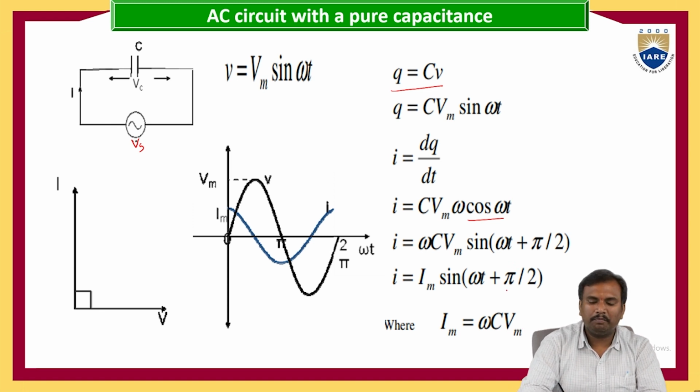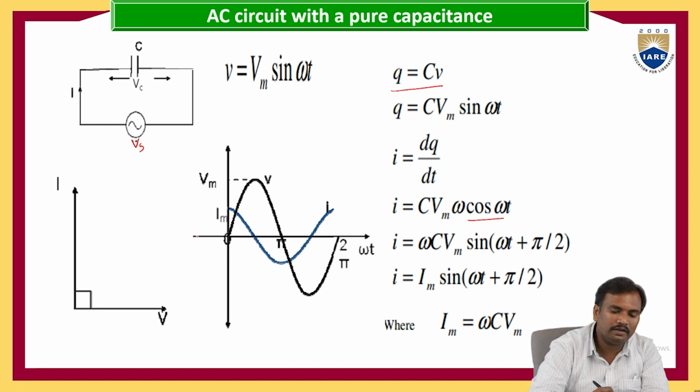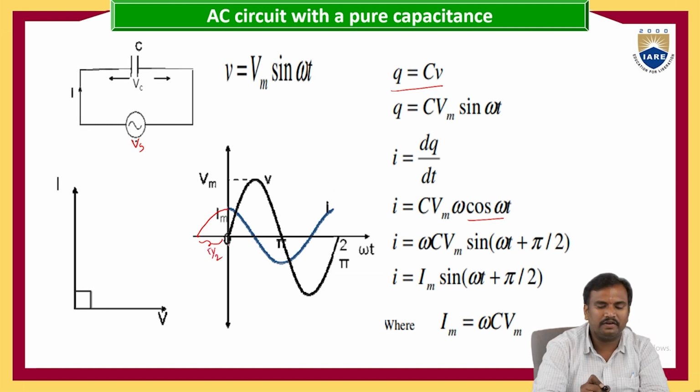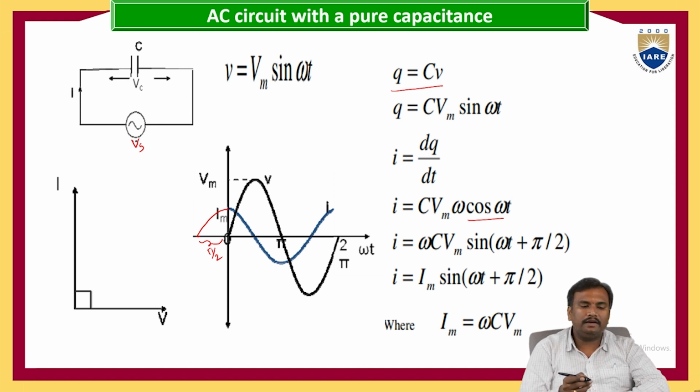Here plus pi by 2 means the current waveform has started before the 0 point, and this difference is pi by 2. So we can say that the current waveform is leading the voltage by 90 degrees.